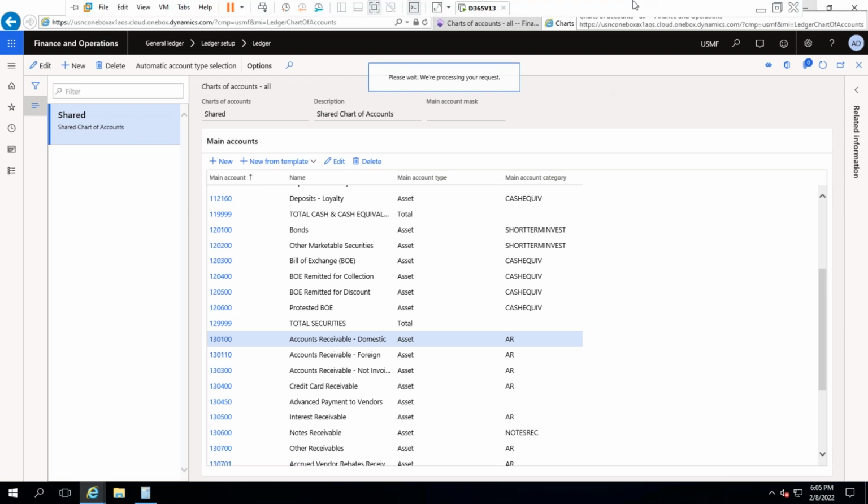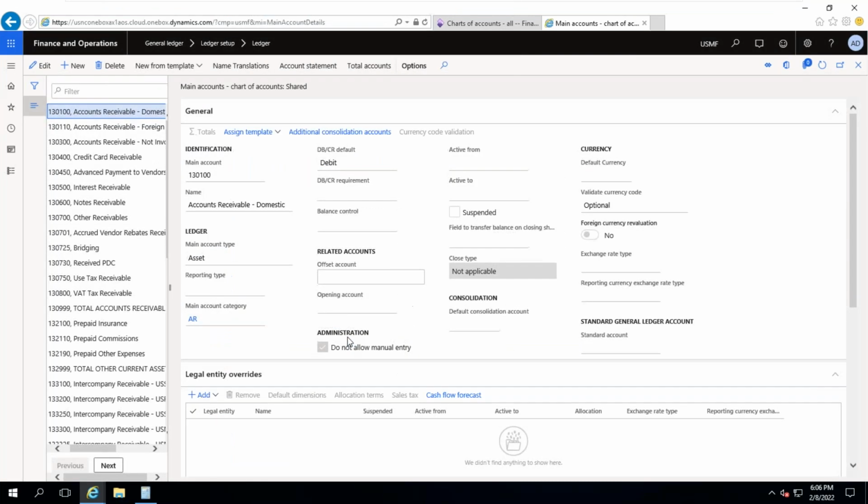As per your commerce, in your accounting terminology, this is called sundry debtors. Okay, accounts receivable domestic is called sundry debtors. Whatever you call it, all customer balances will be stored here.